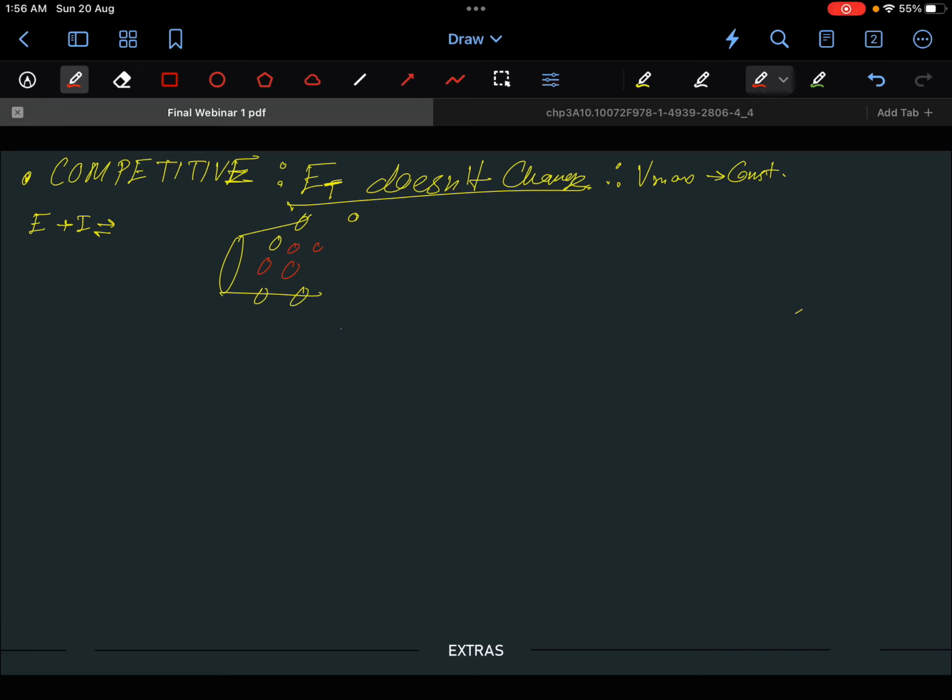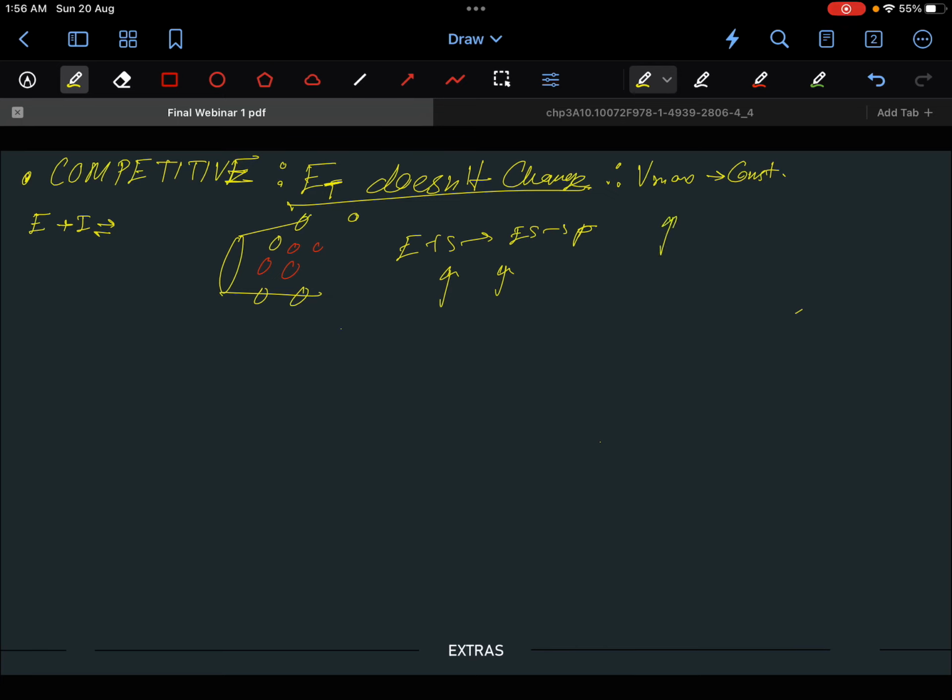So for the enzyme to drive enzyme plus substrate to enzyme substrate and then the product, it takes more substrate concentration to reach Vmax by 2. What does it mean?